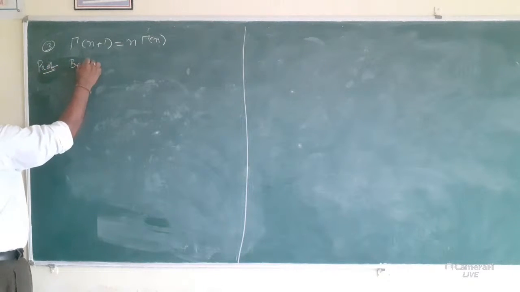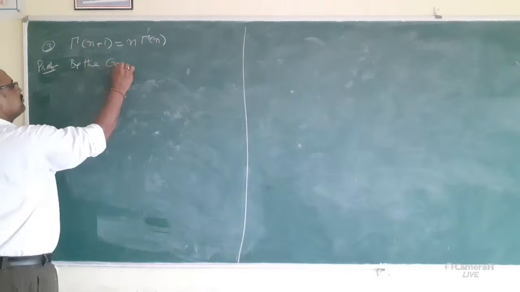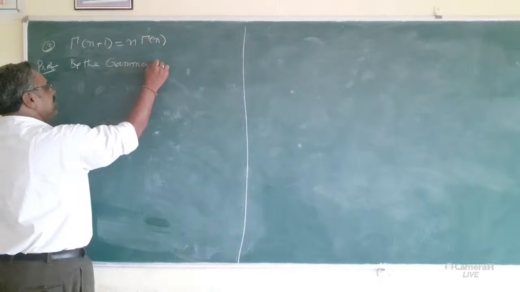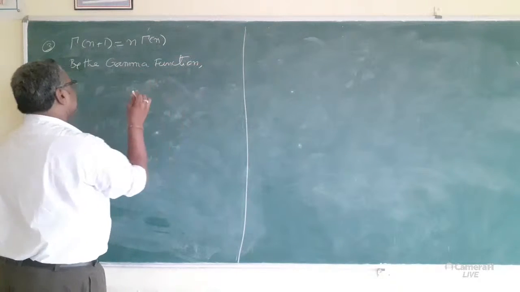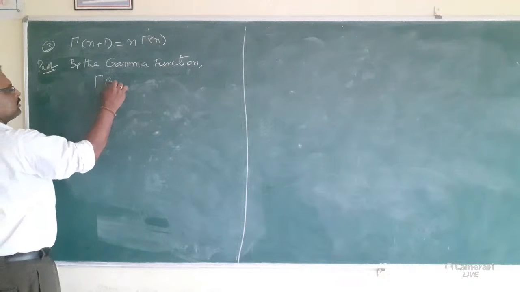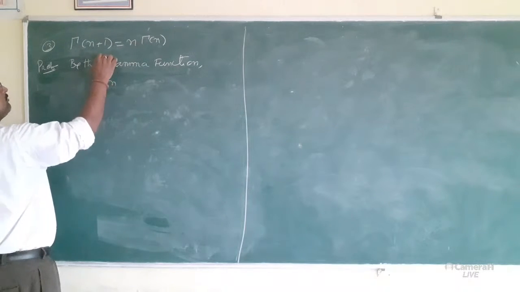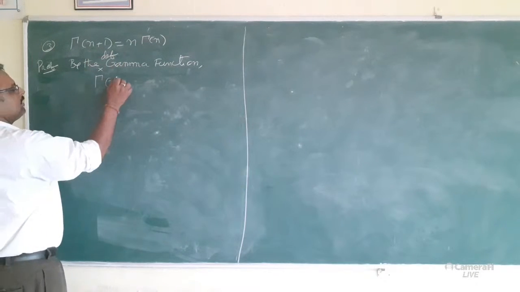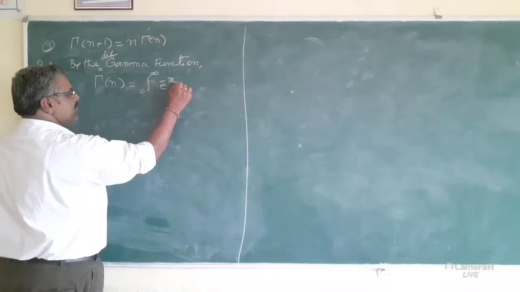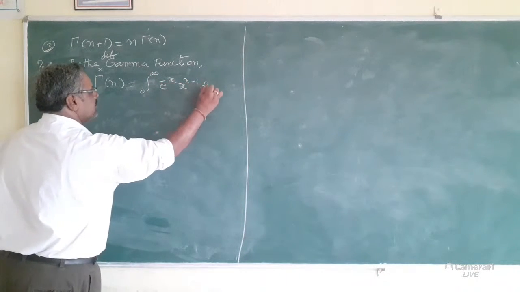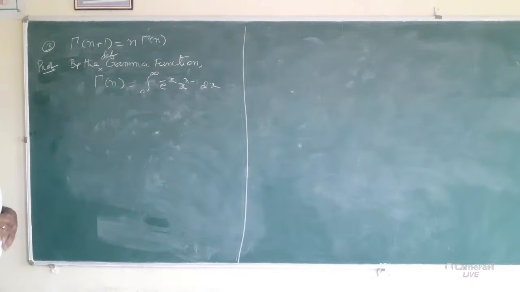By the definition of gamma function, gamma n equals integral 0 to infinity e power minus x into x power n minus 1 dx. Okay.